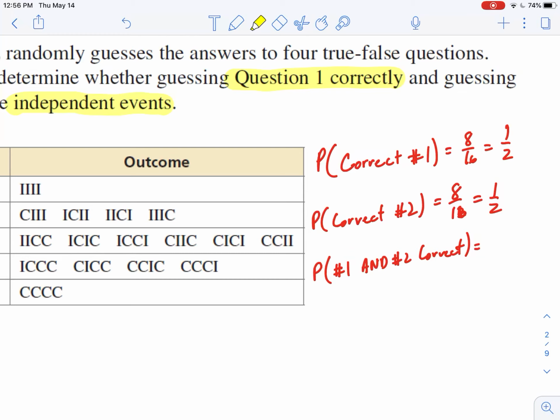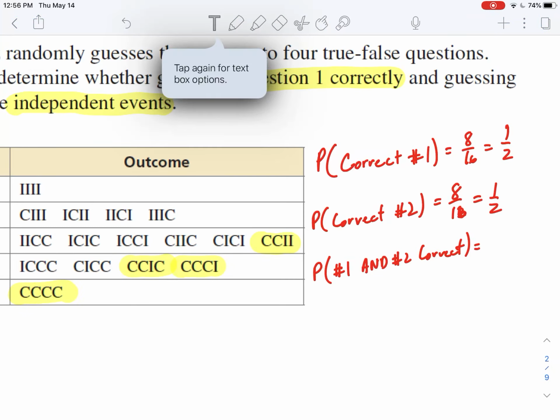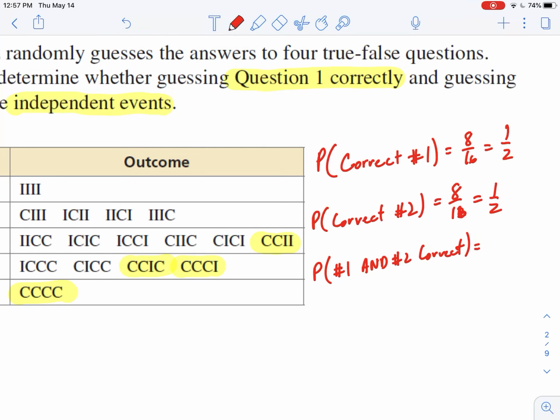I've got the second question and the third correct, but that's not what we're looking at. We're looking for first and second, so something that starts with CC. So I've got 1, 2, 3, 4, 4 of those options out of 16, which of course reduces to 1/4.